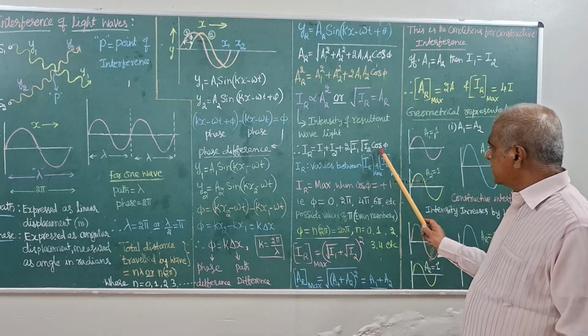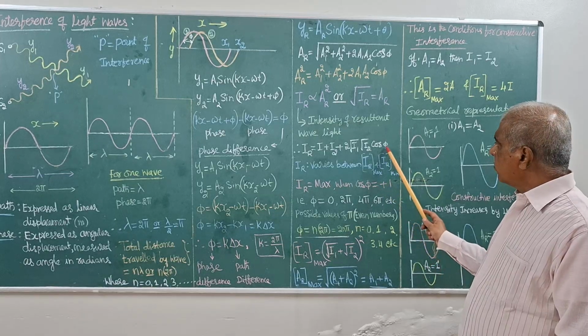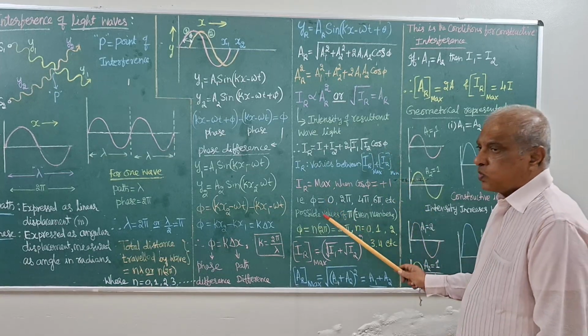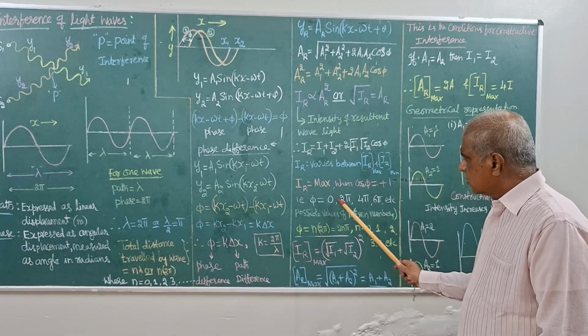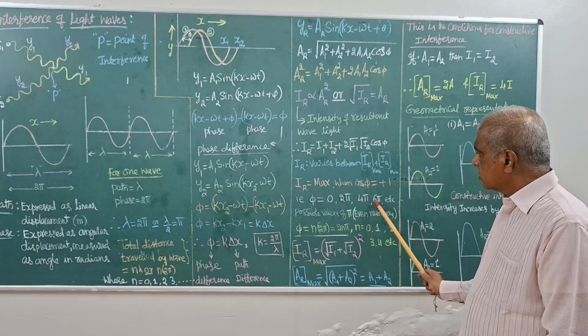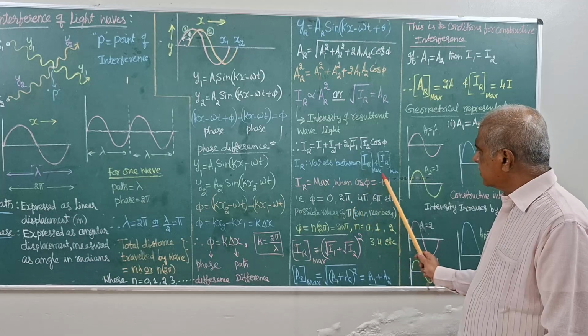And I said cos phi equals positive. What would be the possible value of phi, the phase difference between the two waves? It is not one value, it is a series of values. Maybe 0 or 2 pi, 4 pi, 6 pi. Cos 0 is plus 1. Cos 2 pi is again plus 1.